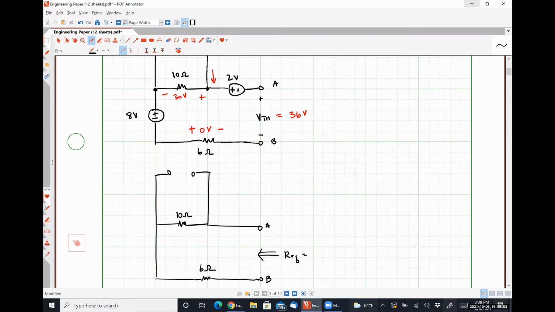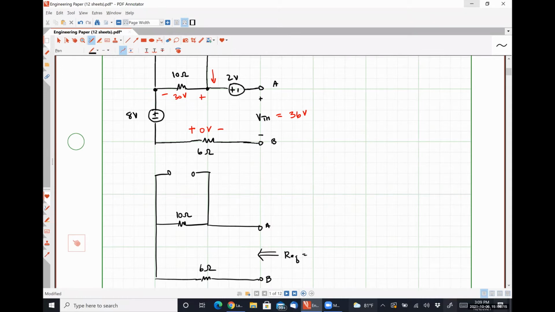So what is our equivalent resistance? 16 ohms. 10 ohms in series with 6 ohms, right?